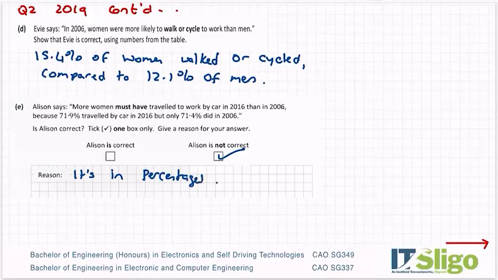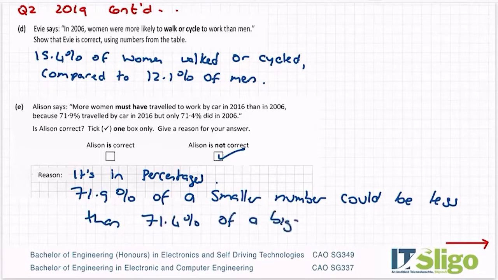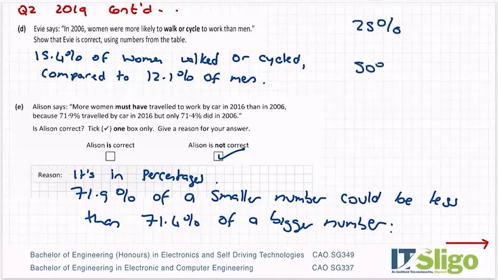71.9% of a smaller number could be less than 71.4% of a bigger number. Just to explain that to you, let's get 25% and 50%. Which one is bigger?